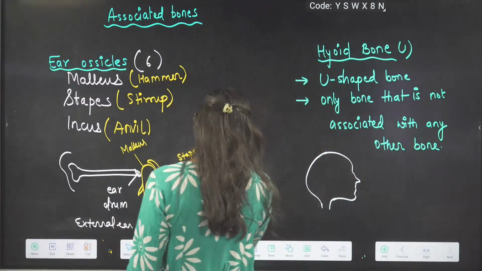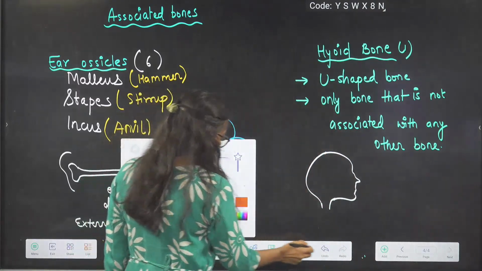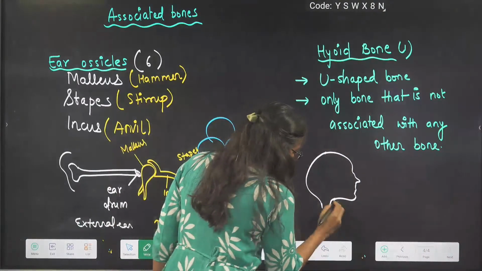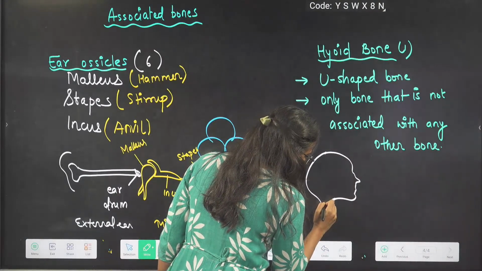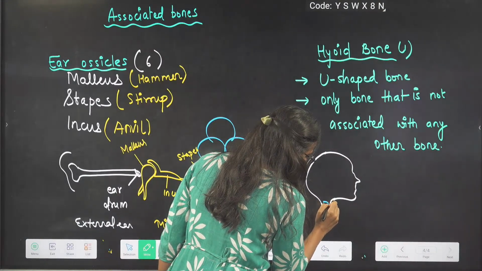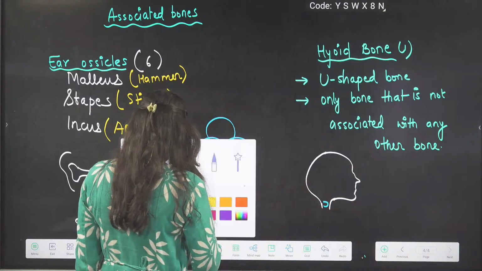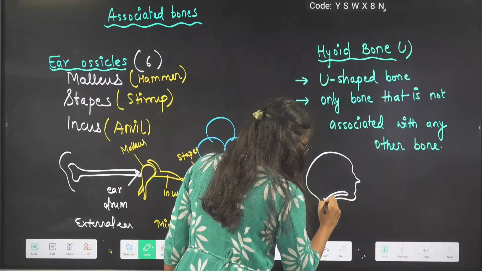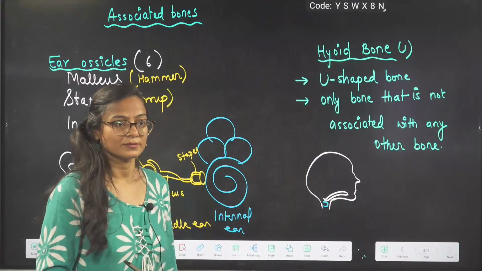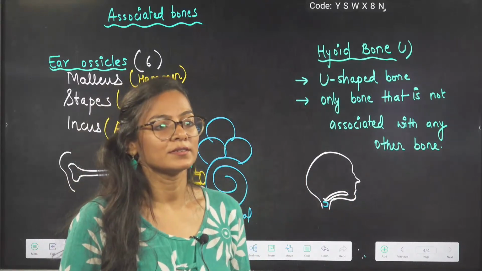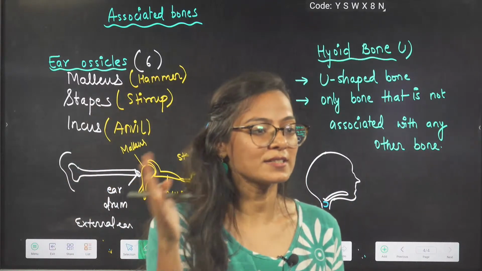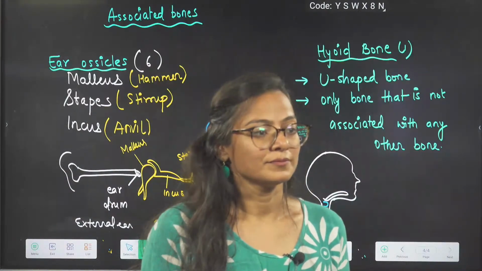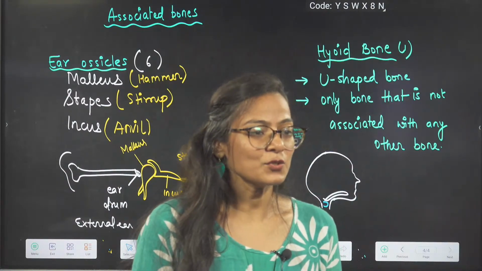Floor of the buccal cavity, no? Somewhere here you have that hyoid bone, a U-shaped bone, and to this bone, like this, the tongue is attached. Understood? No, the frenulum is different. Understood the location now?